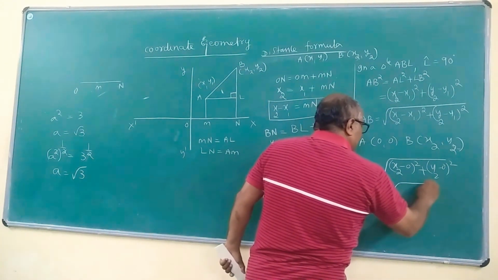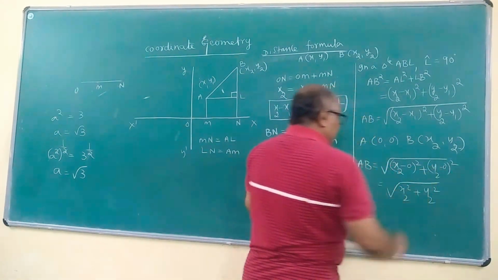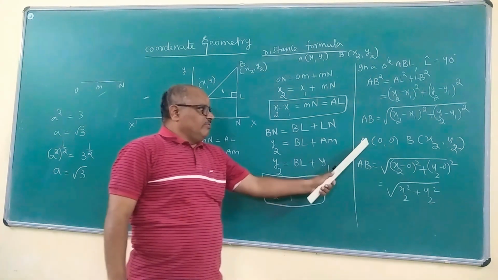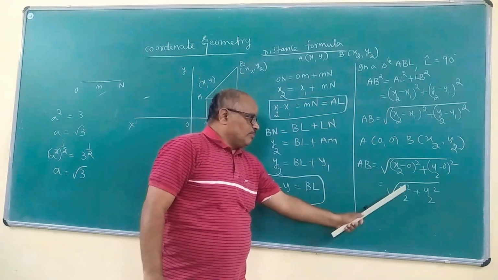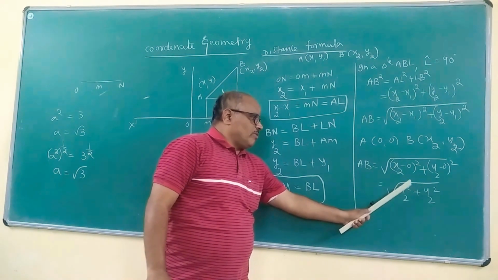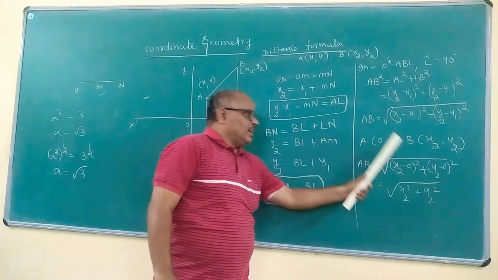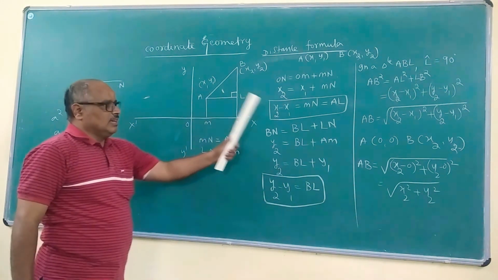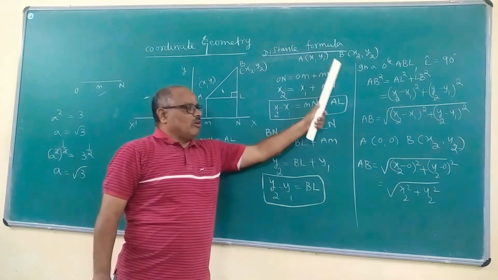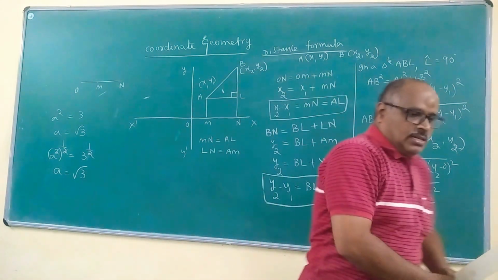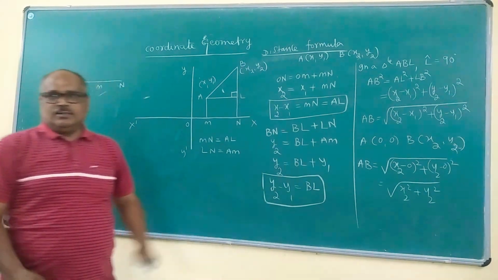Then we get the square root of x2 square plus y2 square. That is the distance if any one of the points lies on the origin: the square root of x2 square plus y2 square, or x1 square plus y1 square. This is what we call the distance formula, or the distance between any two points.